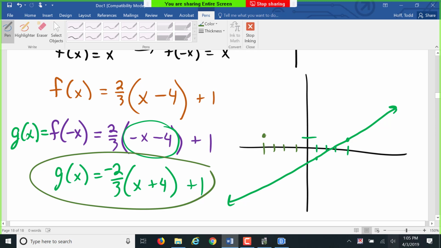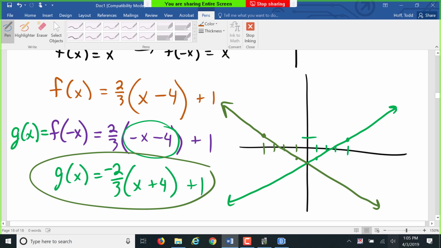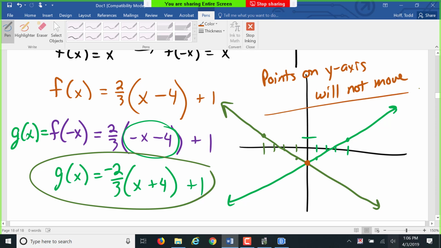And the slope isn't 2/3, it's negative 2/3. Now you will notice, so this is reflected about the y-axis. Notice that the y-intercept is the same for both of those lines. Y-intercepts will not change. Points that are on the y-axis will not move. Because if they're on the axis, when you reflect them about the axis, there's no place for it to go.